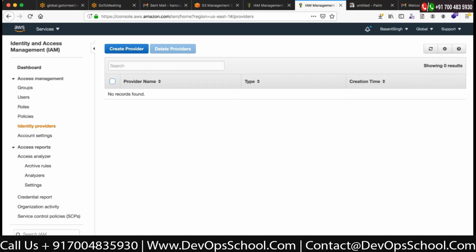All right, so no further questions on this? I have a question, Vasant. Identity provider means he can access AWS resources without being a user, correct? Yes, actually he will be a user, but the user information AWS is going to take from your identity provider, like from your Active Directory.